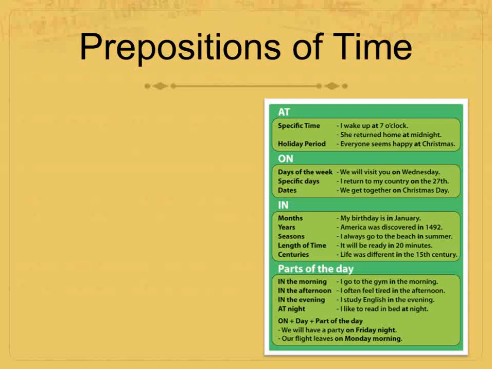The different one here is for night. We say at night. If you have the last part here, it says on plus day plus part of the day. So let's say we want to talk about a day of the week and also a time, like the morning or the evening. We will use on if it's for the day, on Friday night, on Monday morning.